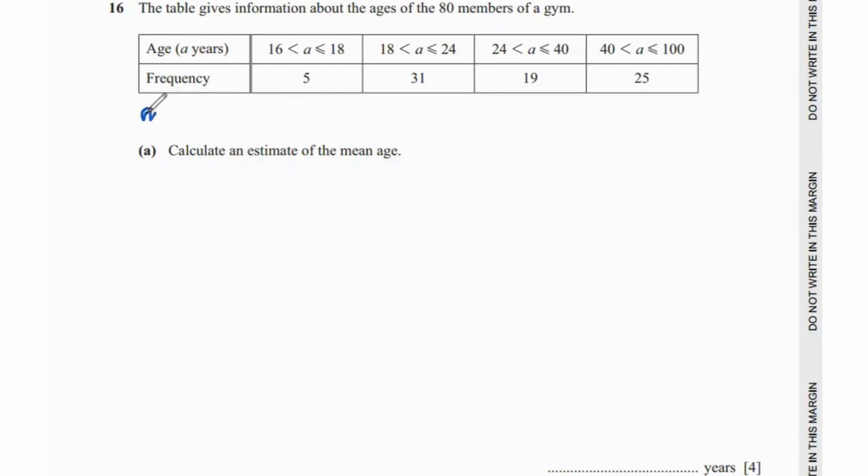So for the mean age, we need the midpoint of the intervals first. Between 16 and 18, we have 17. Between 18 and 24, we have 21. Between 24 and 40, we have 32. And between 40 and 100, we have 70. So these are your midpoints.